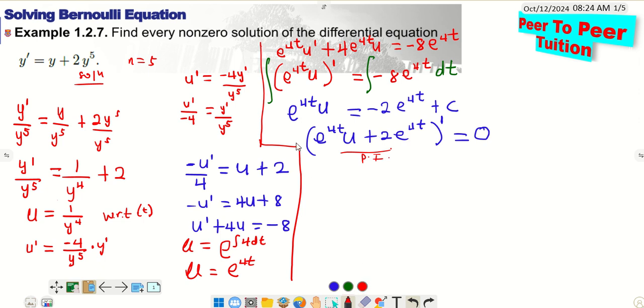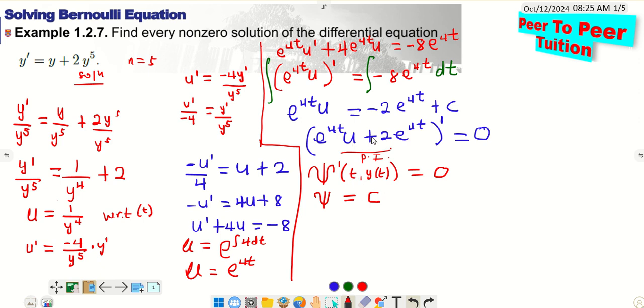So I can say that my potential function, when differentiated, the potential function is t, y of t. When you differentiate this, you will get 0. But if I don't differentiate the potential function, then it is equal to a constant c.